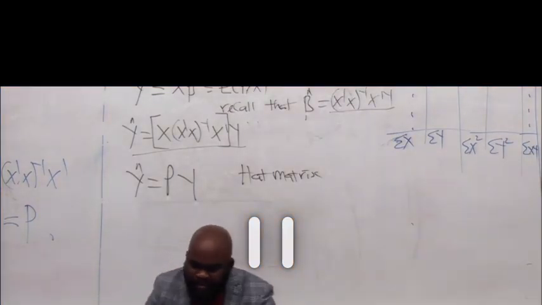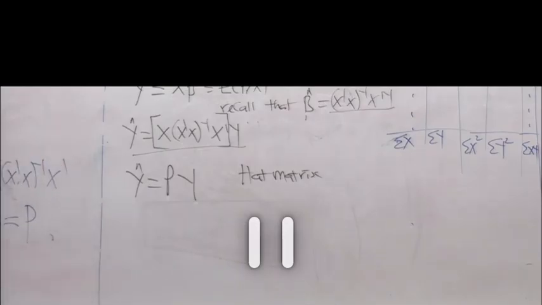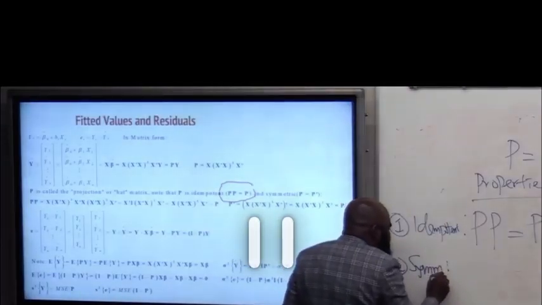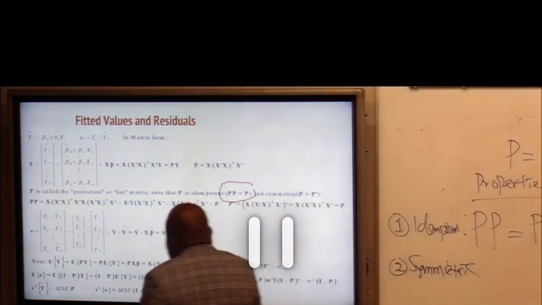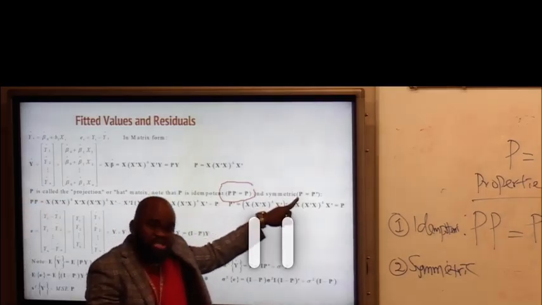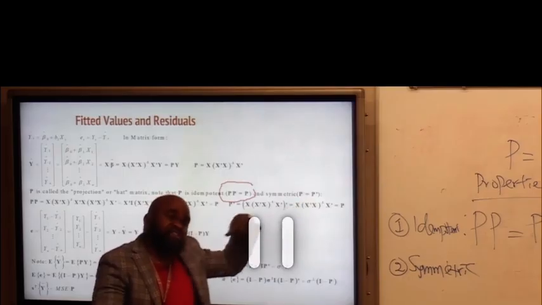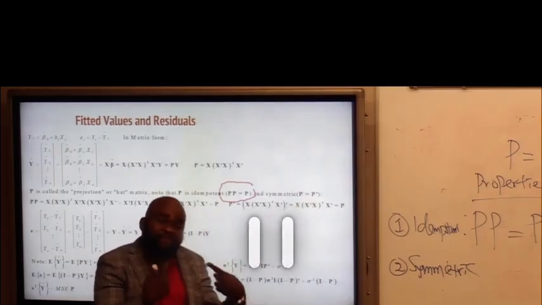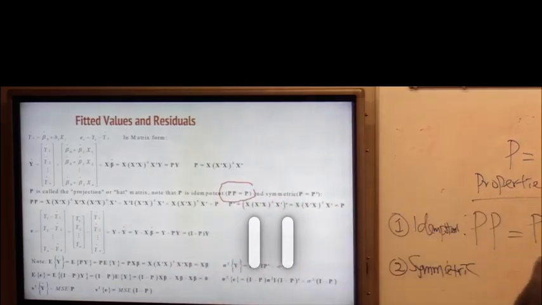Number two property is symmetric. By symmetrical property, when I have a matrix and I find the transpose of the matrix, if it is the same as the matrix, then that matrix is symmetric in nature. Now this is what we're going to do right now.